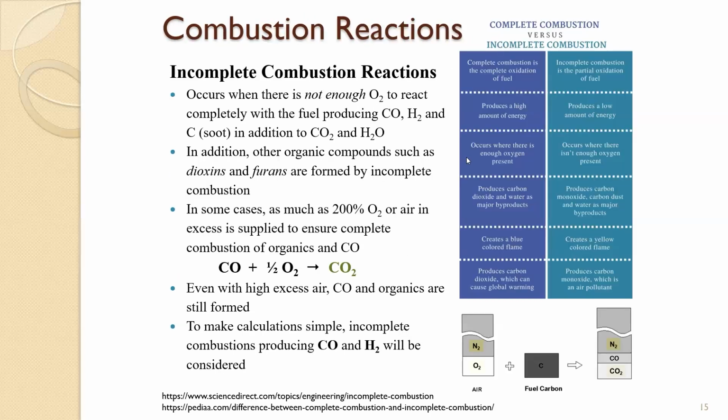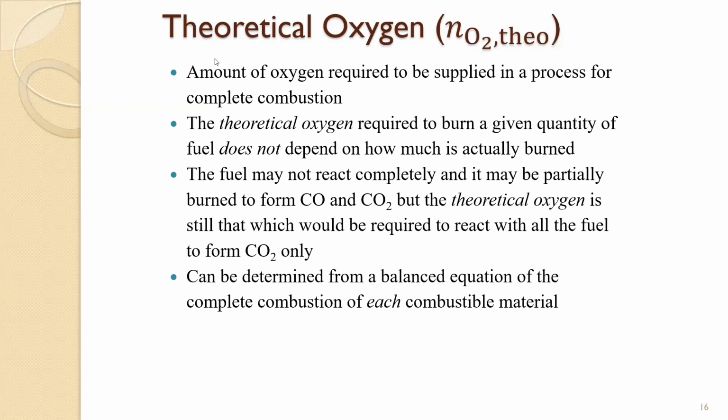So what is theoretical oxygen? Please read the differences in here. What is theoretical oxygen? It's the amount of oxygen required to be supplied in a process for complete combustion. Theoretical oxygen required to burn a given quantity of fuel does not depend on how much is actually burned.